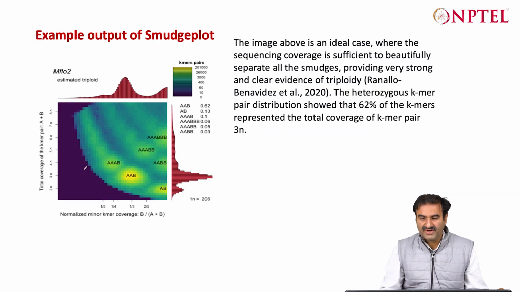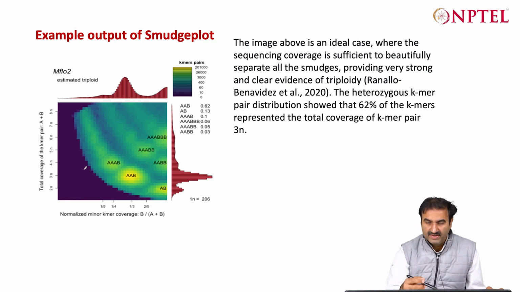For example, in this picture you can see that there are several K-mer combinations like AAB, ABB. You can see in these combinations of these three types of K-mers, A and B, their coverage is almost 62% of the total K-mers that you have.